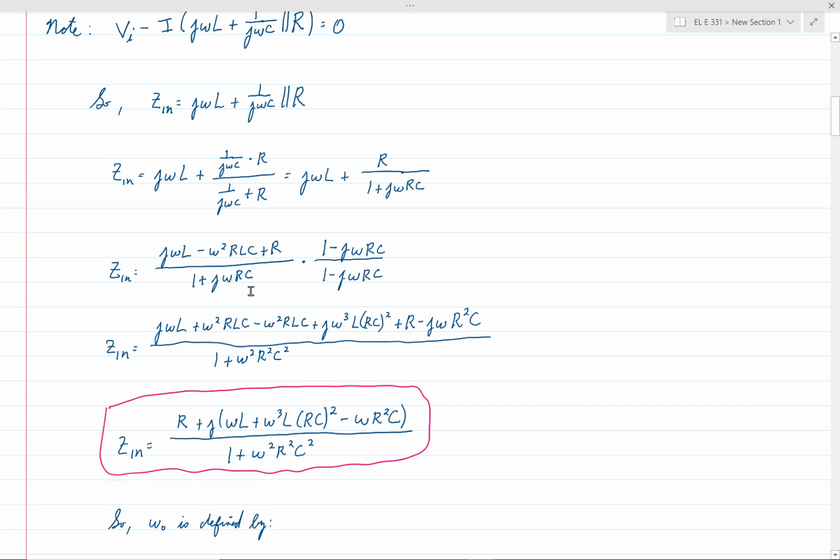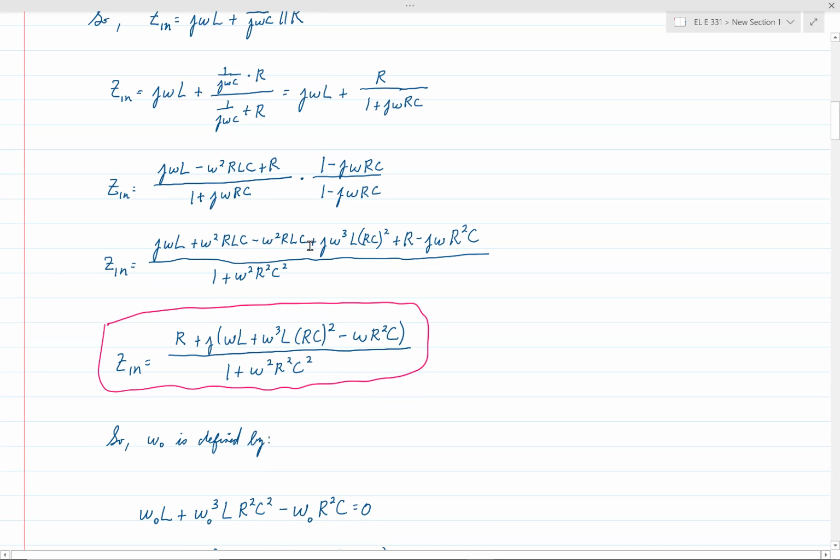So what we do in a case like this is multiply the top and the bottom by the complex conjugate of the denominator, so that then we can get a purely real number in the denominator. And then we will be able to easily see the real and imaginary parts of Zin. So that's what we're going to do here. Multiply top and bottom by the complex conjugate of the denominator. And when we do that, we will get this.